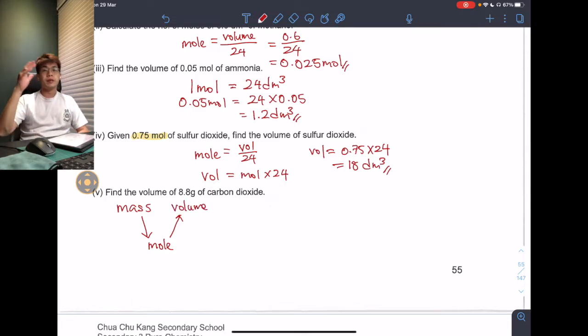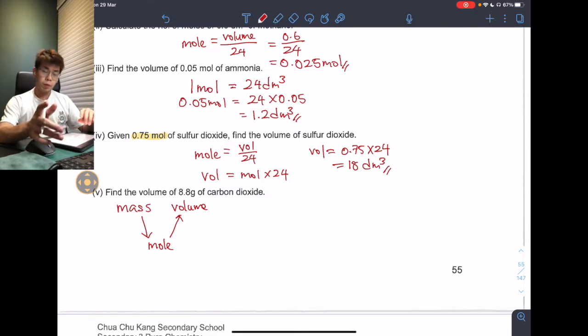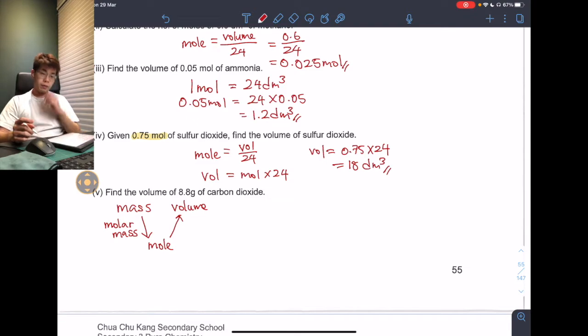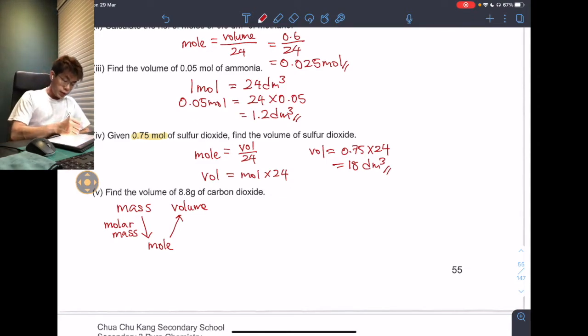So now let's think and recall. What must I do to convert mass to mole? Pause the video to think about it first. Yes, when I want to convert mass to moles, I need to divide it by molar mass or the Mr. And if I want to convert it back from mole to volume, what I need to do is to multiply by molar volume.